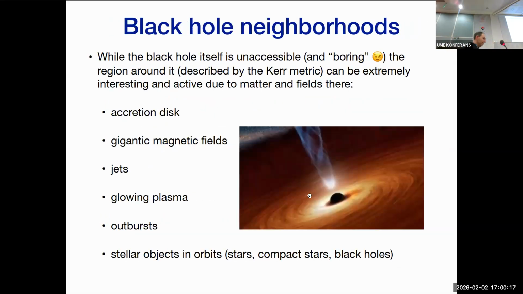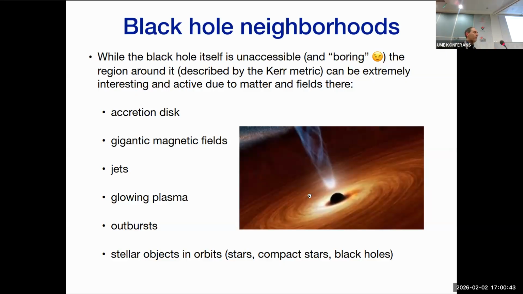I just quickly want to, this is my last slide, point out that the interesting thing about black holes astrophysically is what happens around them. We have no idea what's going on inside, but the space-time around them is extremely interesting. You have an accretion disk, as we heard this morning. Sorry, you have gigantic magnetic fields driven by the accretion disk.